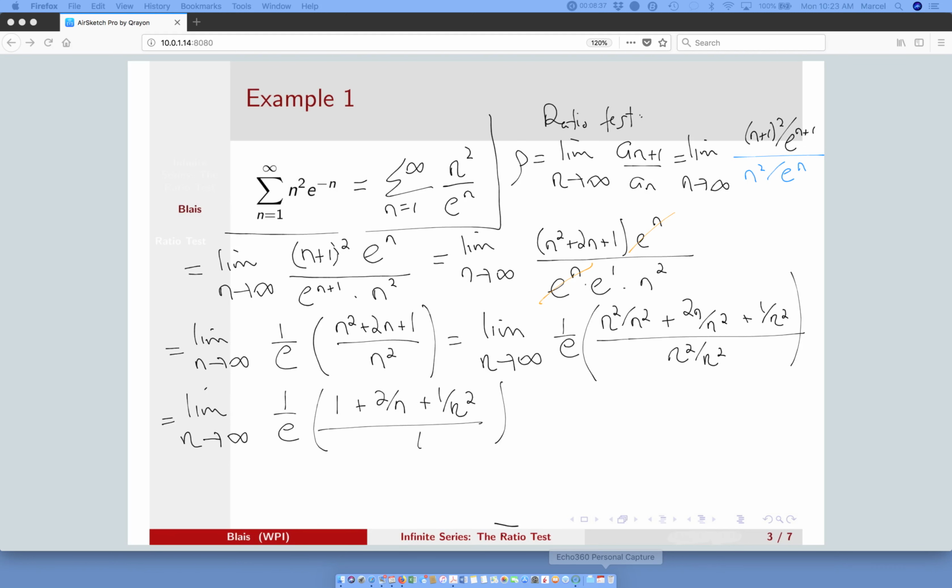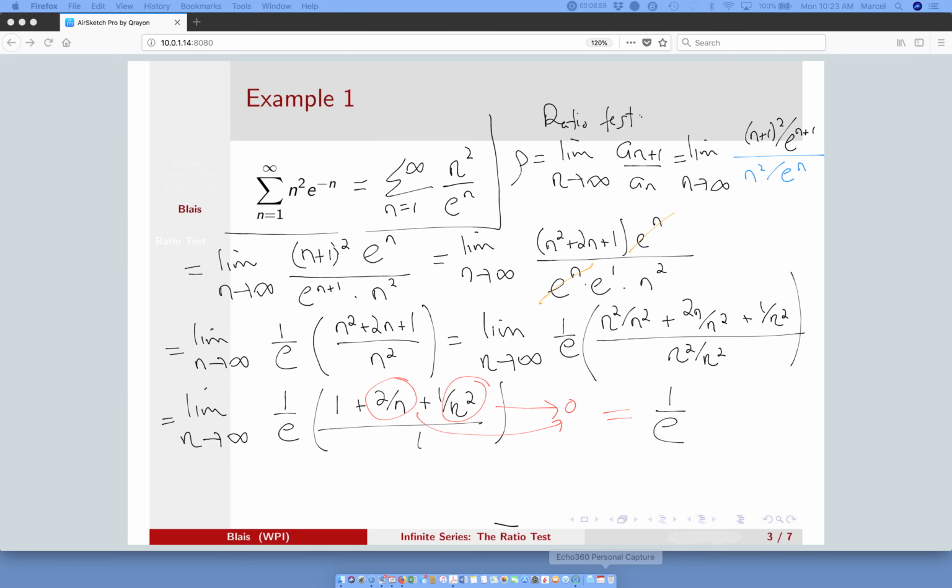And then application of our limit laws give us that these terms circled in red approach 0, which gives us a 1 in the numerator and a 1 in the denominator. And so this all approaches 1 over e.